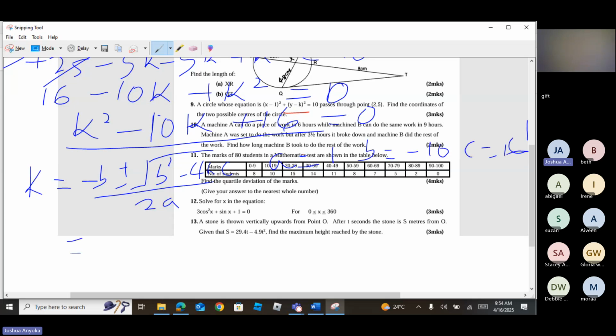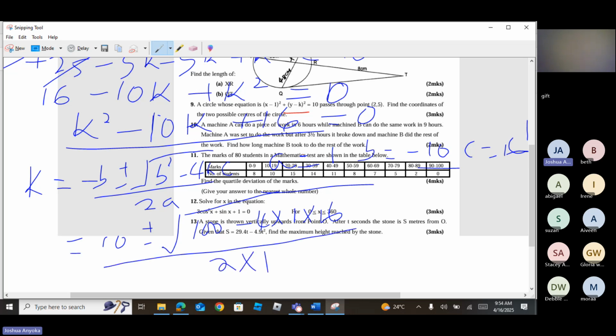Substitute: 10 plus or minus the root of 10 squared, 100, minus 4 times 1 times 16, divided by 2 times 1.